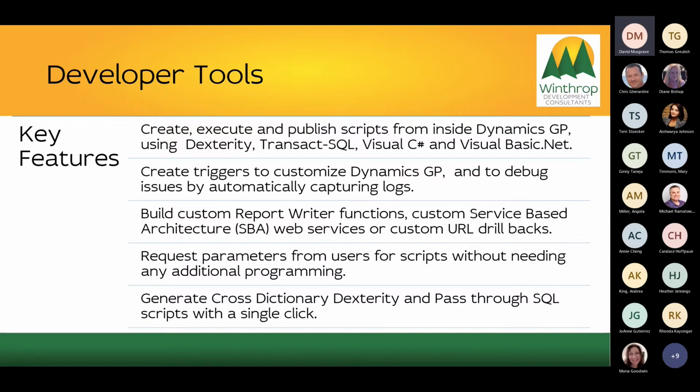We've got a whole load of different functionality. It is basically a very powerful development environment within GP that does not require any external tools, does not require updating, does not require deployment. So it's a very powerful way of customizing, particularly replacing VBA.